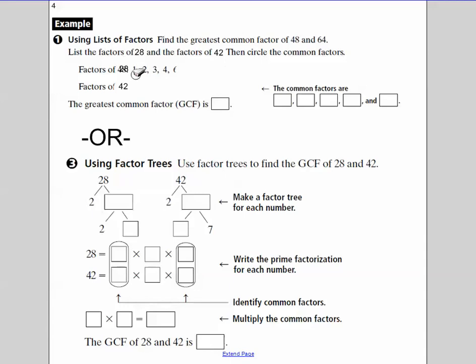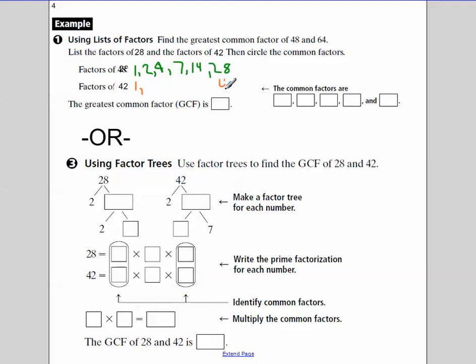Factors of 28 are going to include 1 and 28, 2 and 14, 4 and 7.